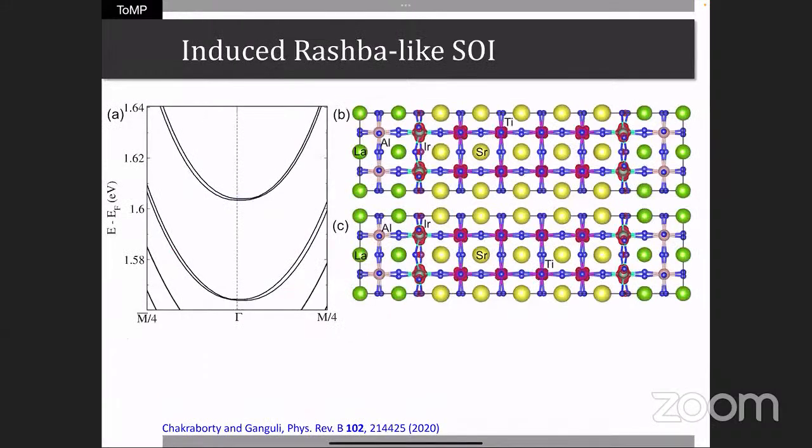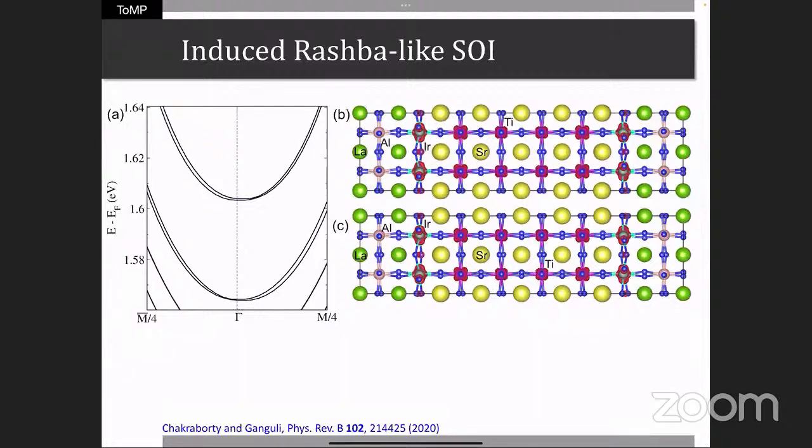And we find something else interesting here. In this material, we have iridium atoms here that have very pronounced spin-orbit interaction, and there are many titanium atoms that normally have almost no spin-orbit interaction.